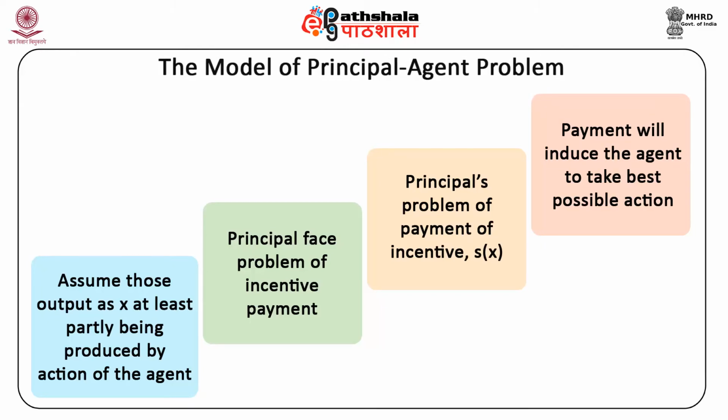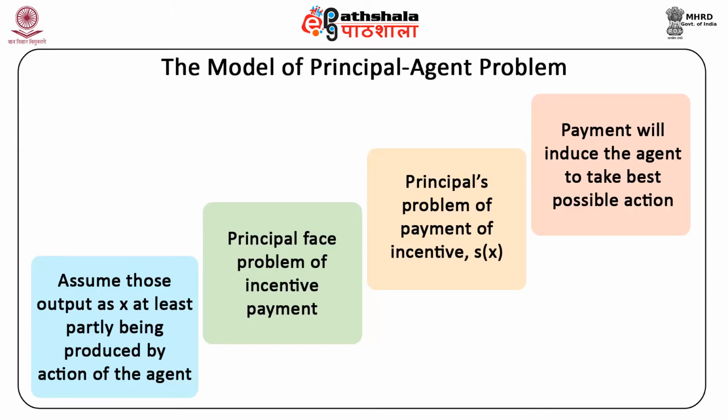Consider manager and worker as one example of the principal agent problem. The objective of the manager is to produce maximum output by using the efforts of the workers efficiently, whereas the workers try to maximize their own utility given the constraint of their effort and the payment incentive paid to them.